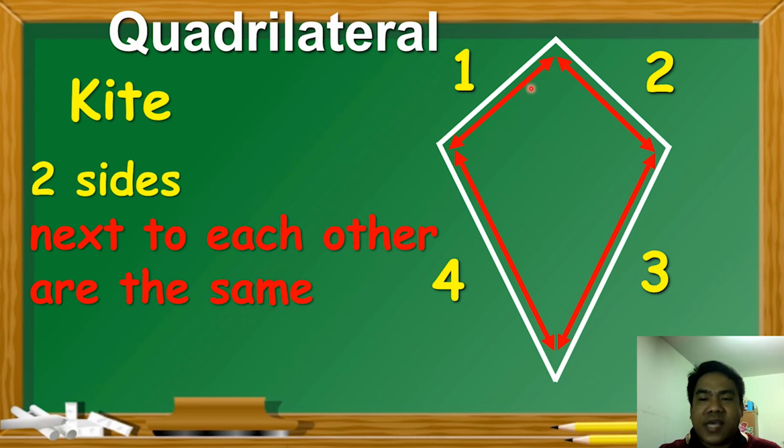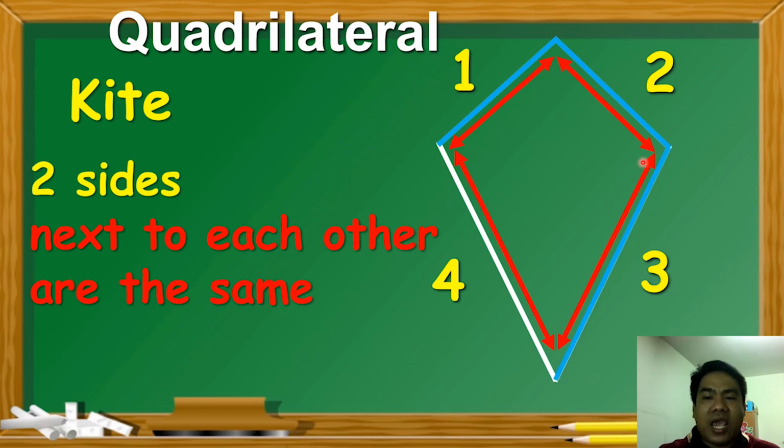So what sides? 1, 2, 3, and 4. Sides 1 and 2 are next to each other, so they have the same length.